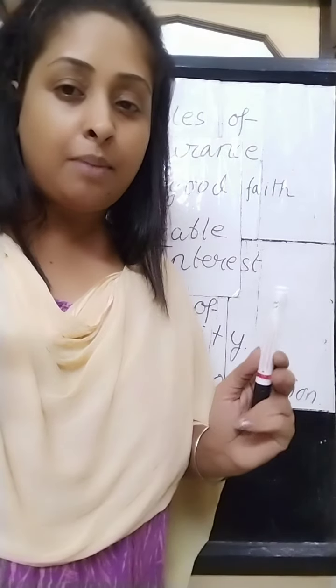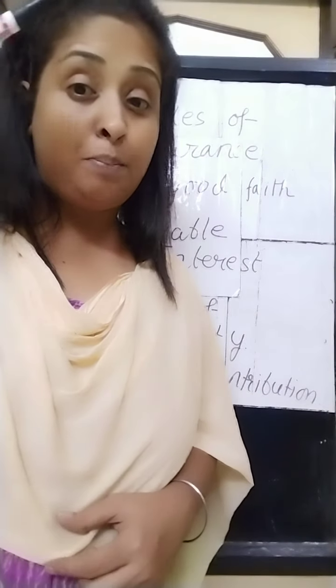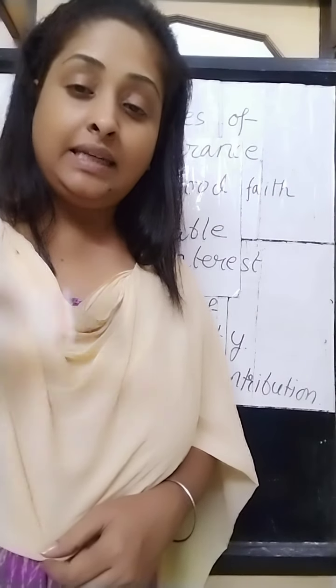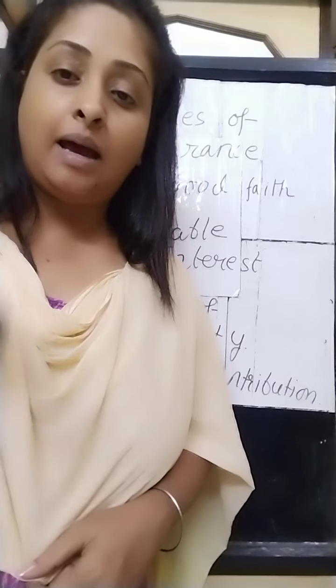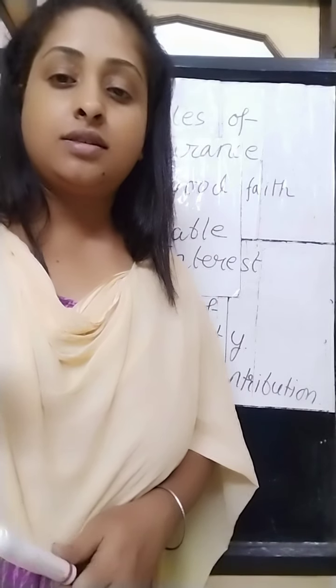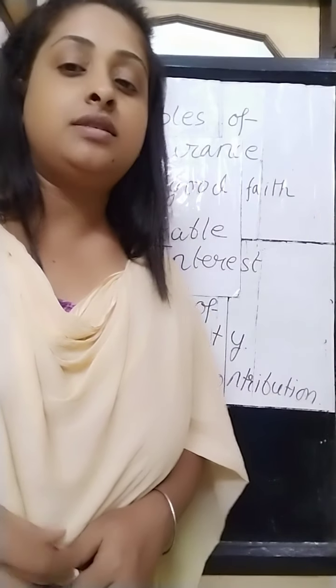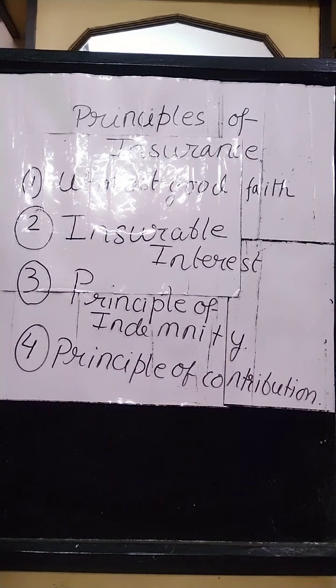So the particular damage amount should be compensated and not the full policy amount. Indemnification should be of that amount for which loss has been caused. So loss is recovered through this policy of indemnification.